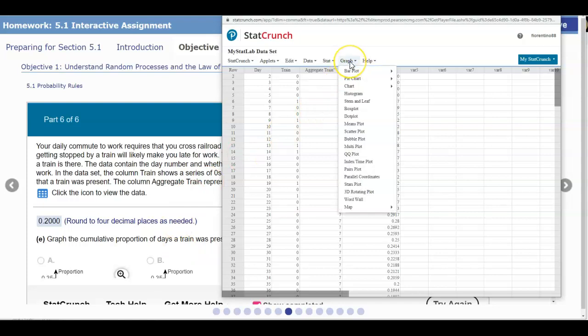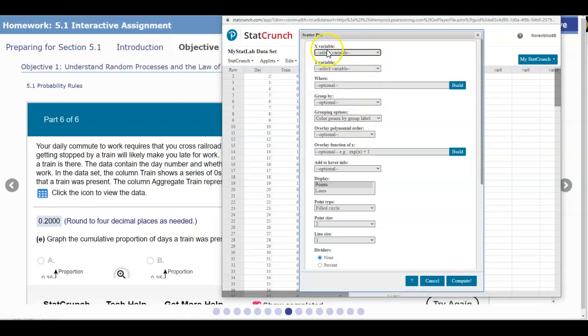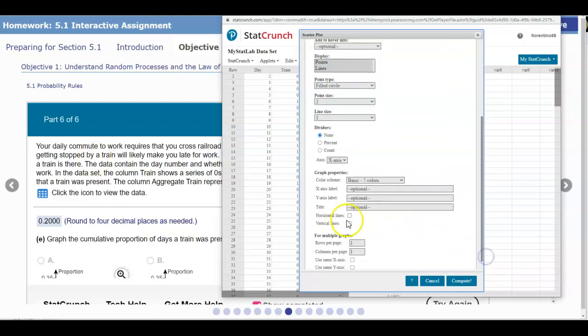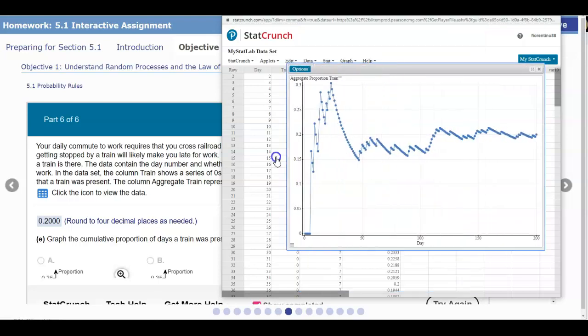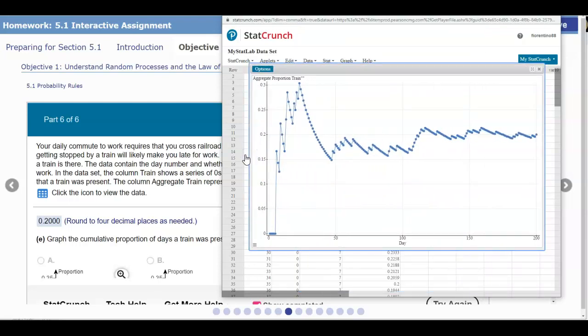We go to graph and create a scatter plot. We make sure the x variable is the day. The y variable is the aggregate proportion train. We want to make sure that points and lines are selected so that we can see a line. If we want, we can create vertical and horizontal lines so we can see the data a little bit better. Then we select compute. So there is our graph.